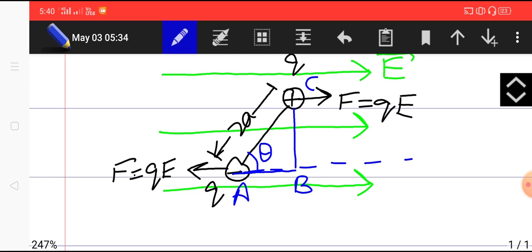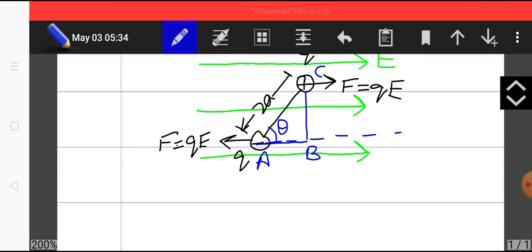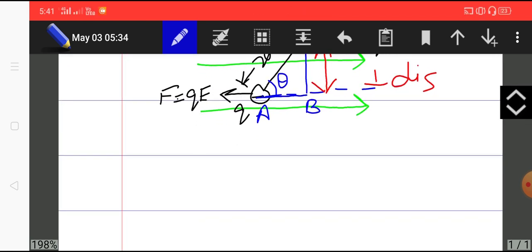Now you know that the formula of torque is force into perpendicular distance. Here the perpendicular distance between the forces is CB. This CB distance is the perpendicular distance which I have shown in red color. So the formula of torque, you must remember it.